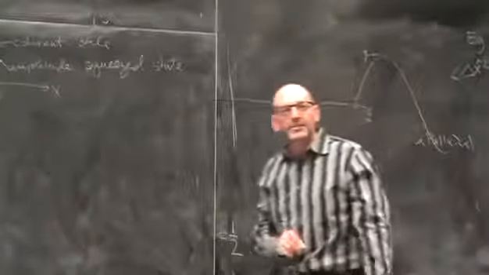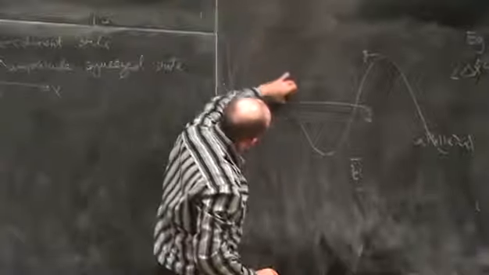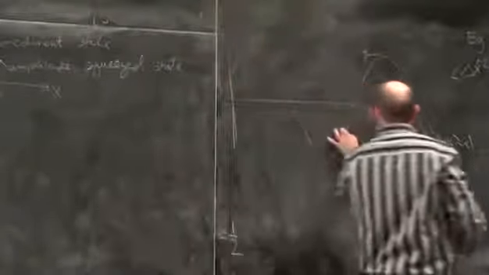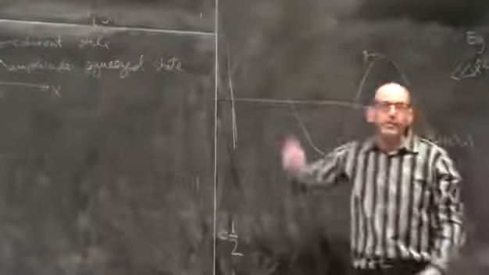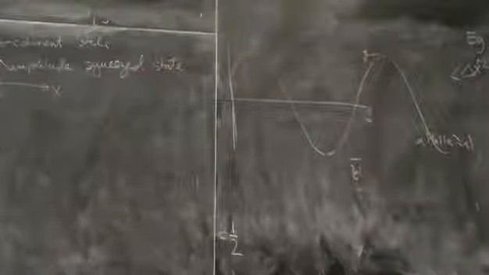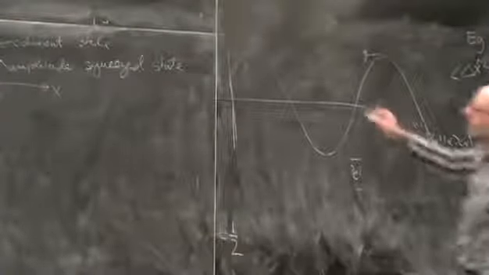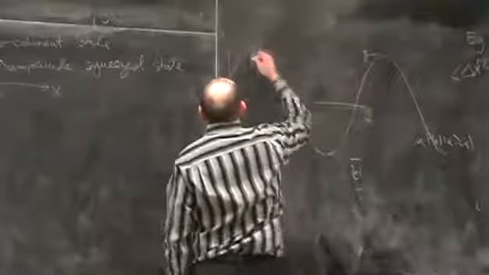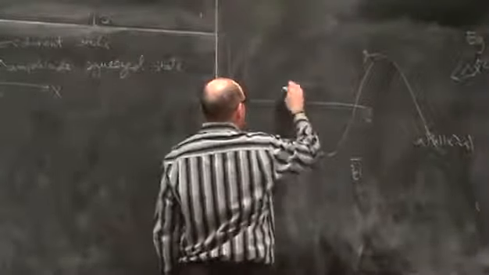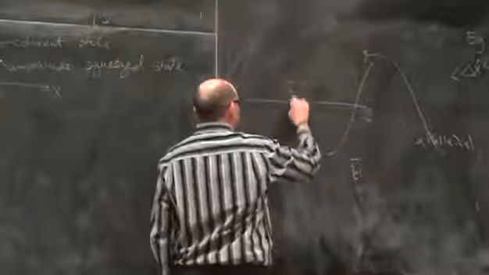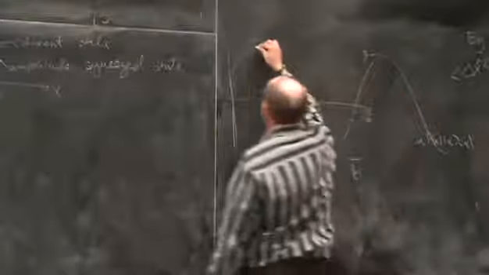But the variance, unlike the case of the coherent state, which had equal uncertainty no matter what the phase of the oscillation is, this thing has phase-dependent noise. It has the least noise here and the most noise here. So it looks kind of like this.